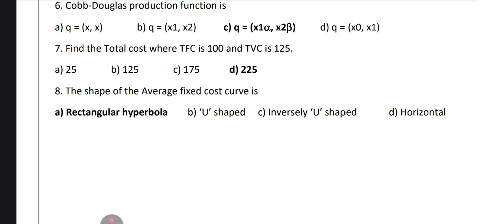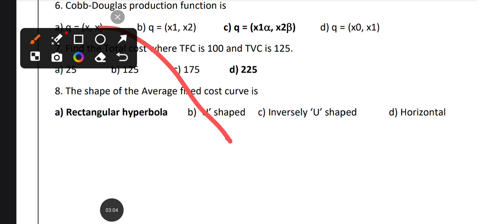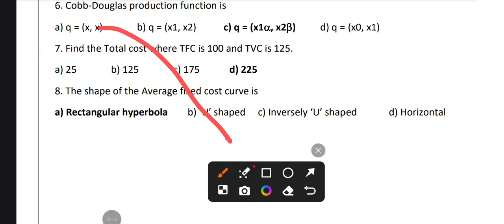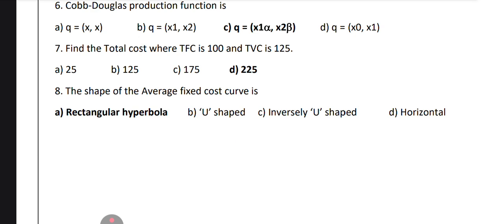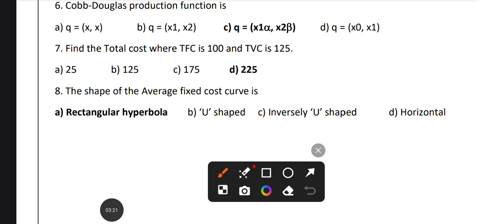Seventh question, find total cost, where TFC is 100 and TVC is 125. Find the total cost.